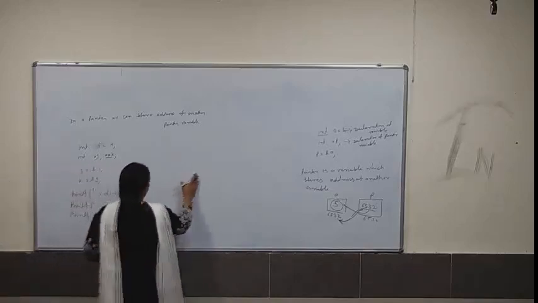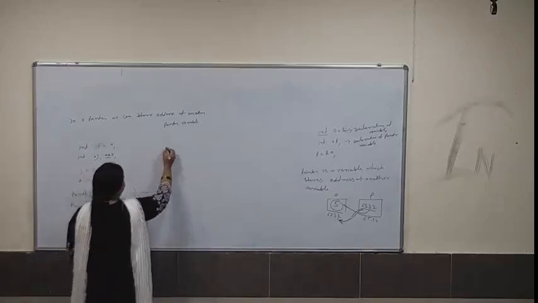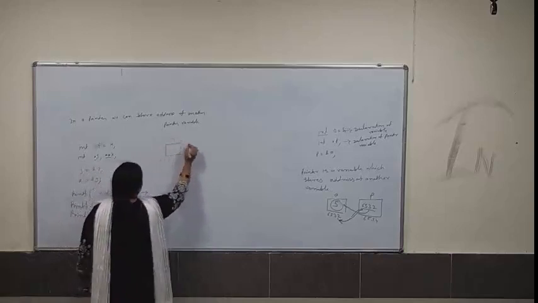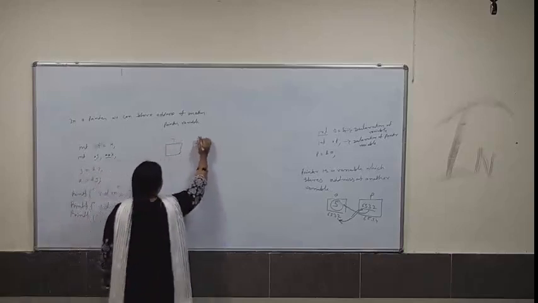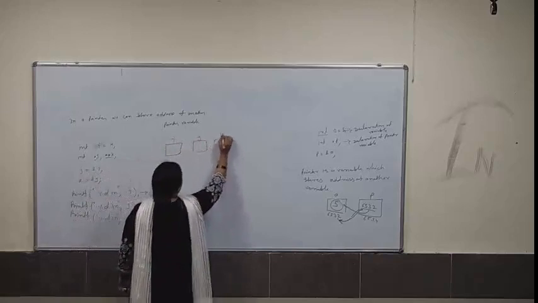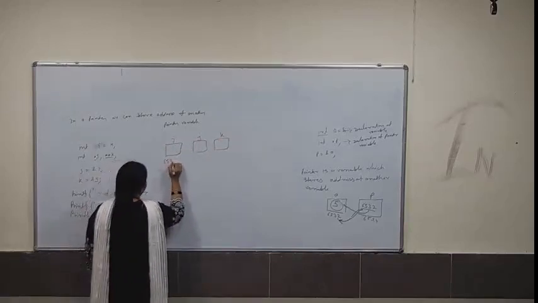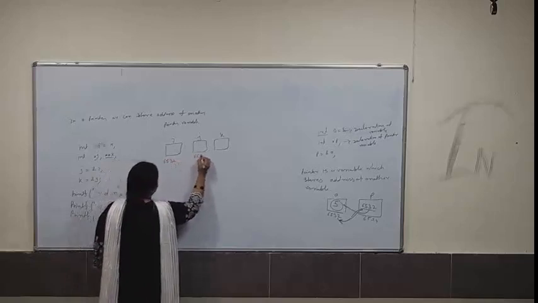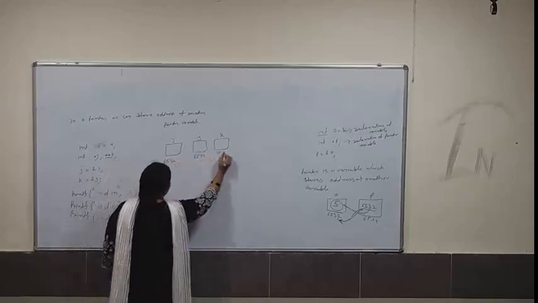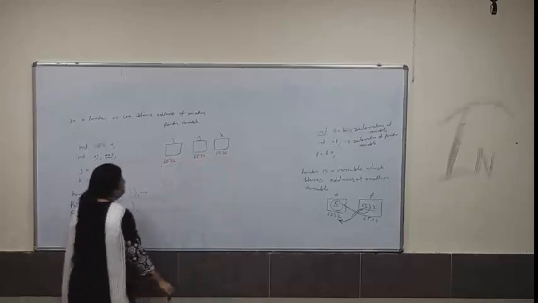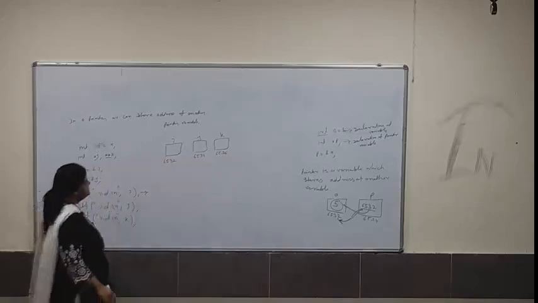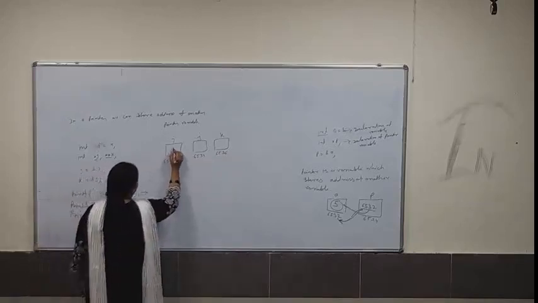Let's take the pictorial representation of these three variables: this is i, this is j, this is k. Let's take the addresses of these variables as 6532, 6534, 6536. These are the addresses of these three variables. Now i is storing the value 4.